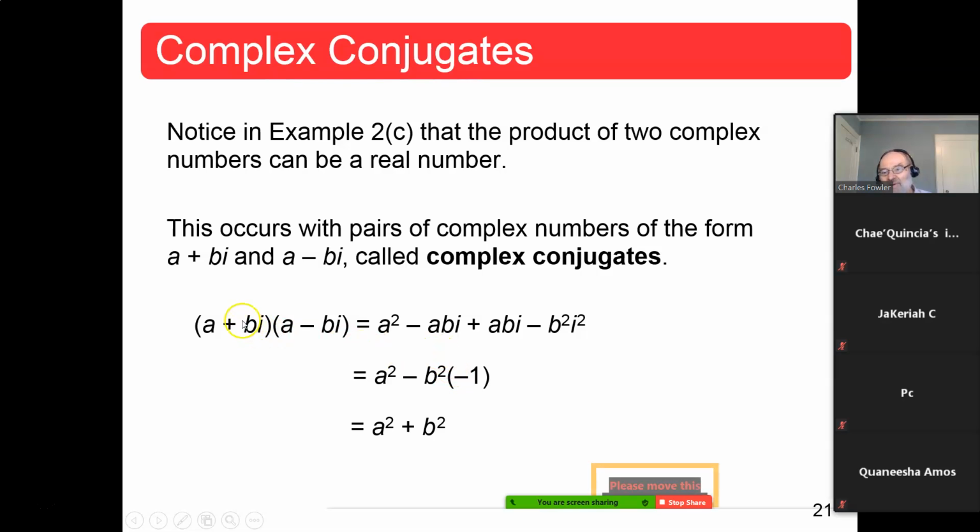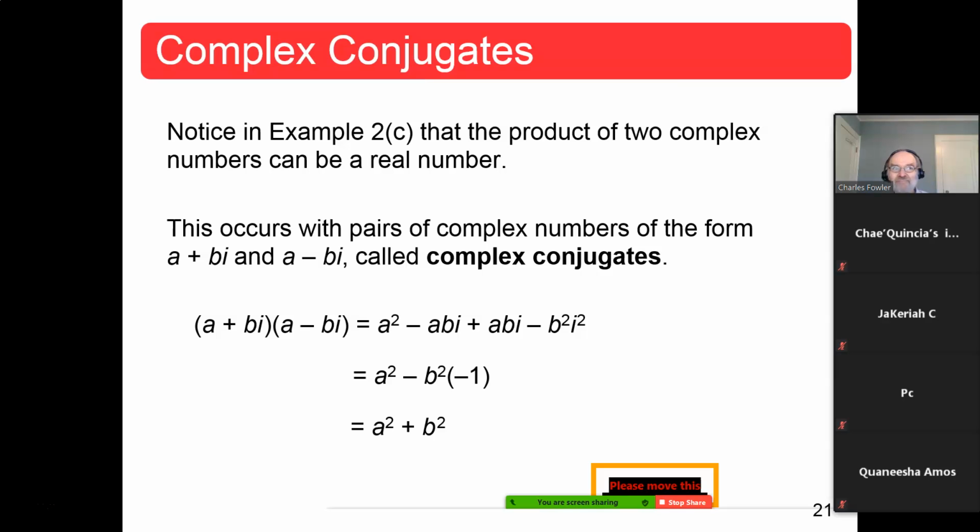And then the other two terms are your innards and your outards. The outer would be minus abi, the inner would be plus abi. They add to 0. Every time they add to 0, so you lose the imaginary parts, you're left with only two real numbers, and they are always both positive. a squared, of course, is positive, and where you had a minus b i squared, it looked like it was going to be negative because i squared is a minus 1, it becomes positive too. So there's your a squared plus b squared.